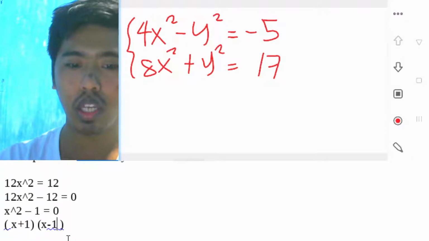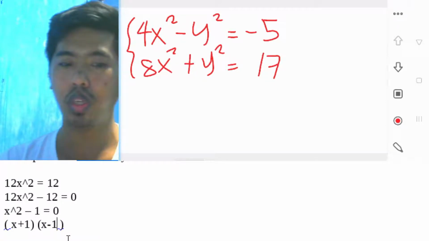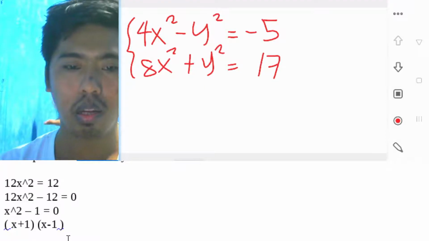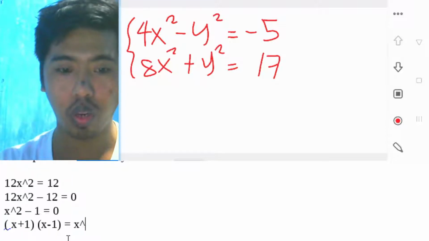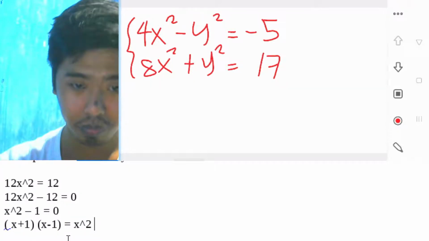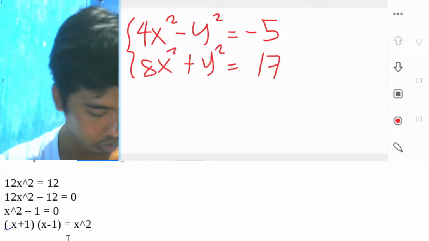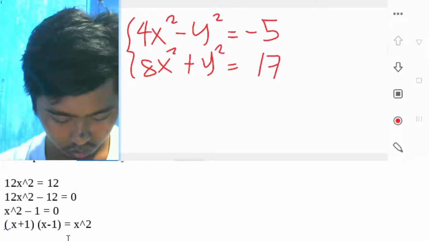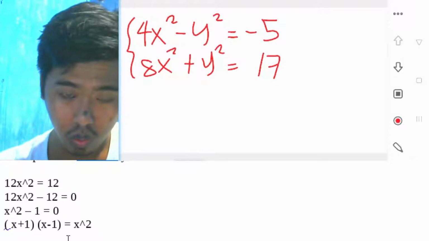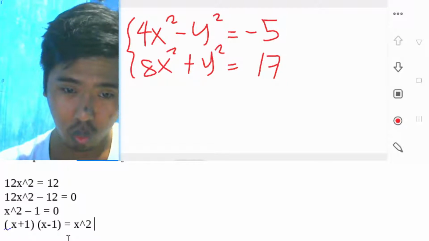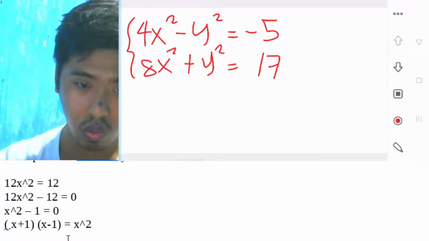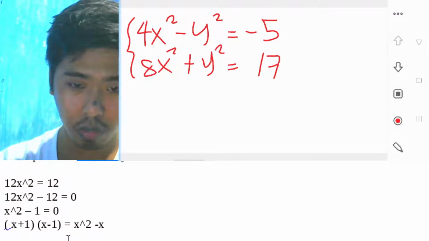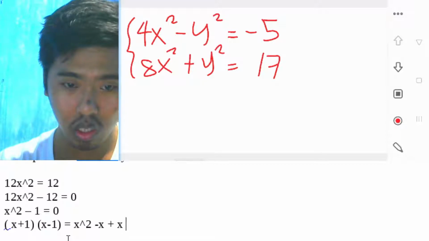If we do that, we can create another equation. It will become x squared, then negative x, then positive x, then negative 1.